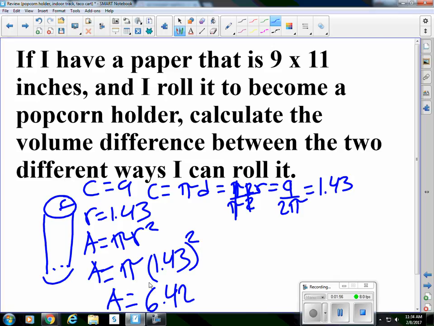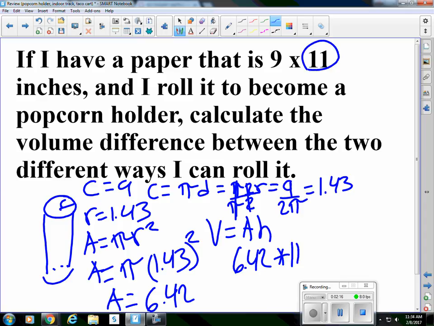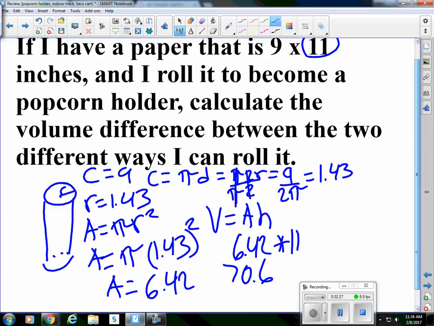And so the volume is the area of the base times the height if it goes straight up and down, and in this case it does. The area is 6.42. The height is, well, if I rolled it so that the circumference is 9, the height would be 11. That turns out to be 70.6 cubic inches.